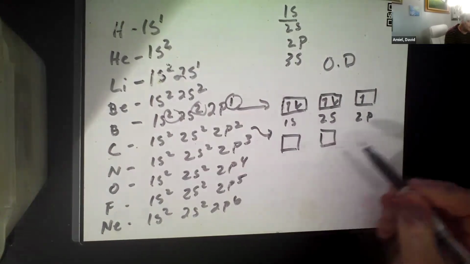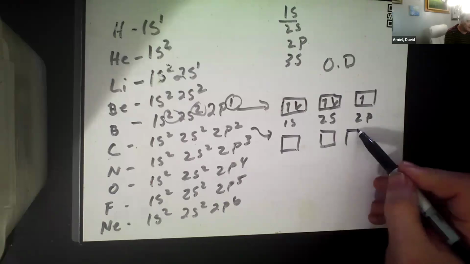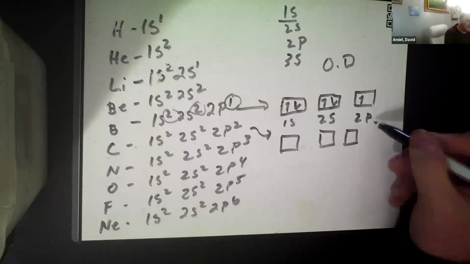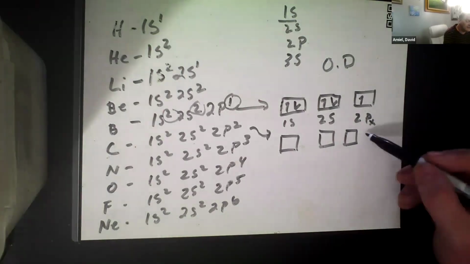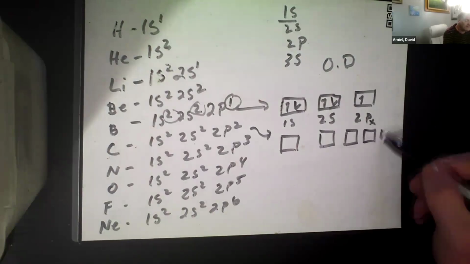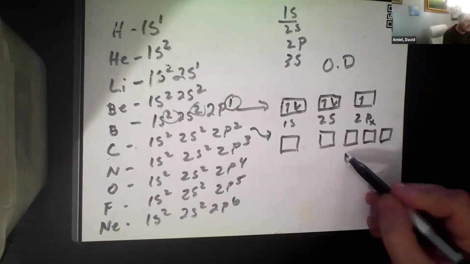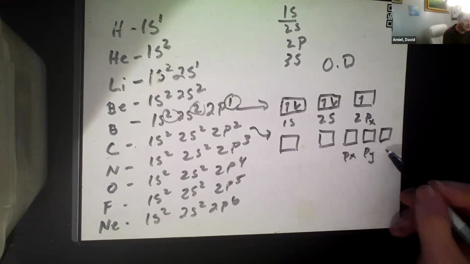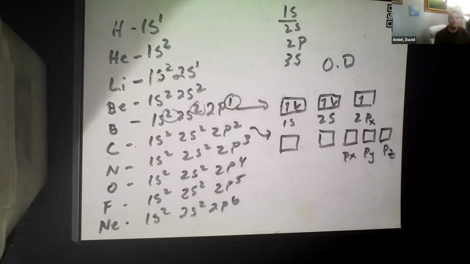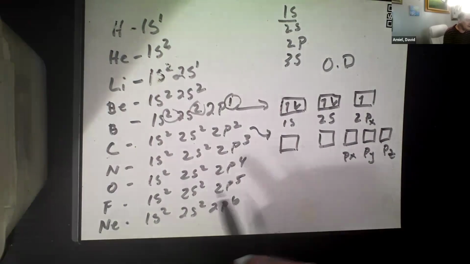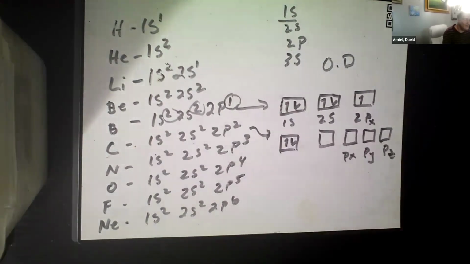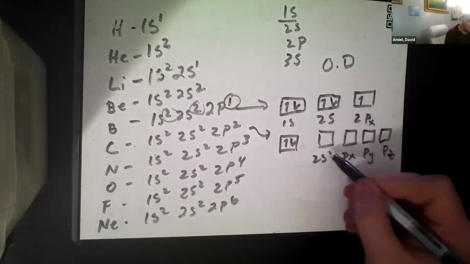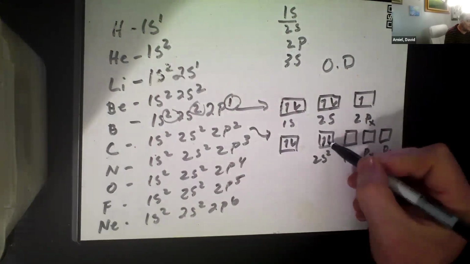Okay, let's do carbon. 1s, 2s, and now this was 2px. I like to put the subscript in there. We have a choice because there are 3 p orbitals: the px, the py, and the pz. So for carbon, it's 1s2, spin up, spin down, 2s2, spin up, spin down.